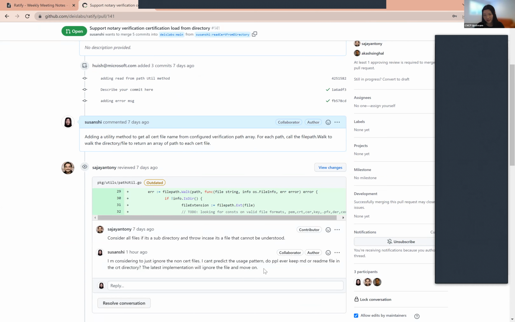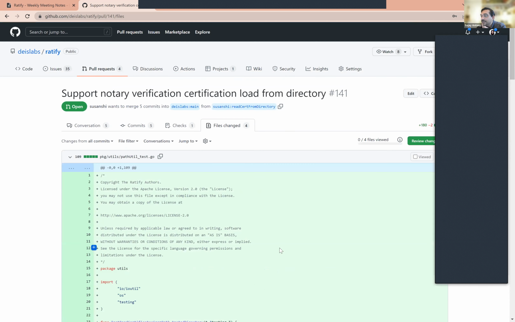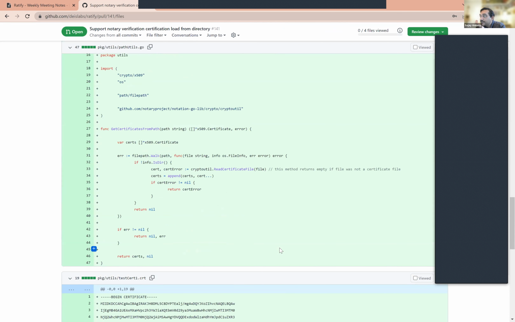I remember Eric's consideration here was that you are configuring this manually, and we are not randomly globbing from different parts of the system. So it's okay to assume that if the file cannot be understood, we just move on.